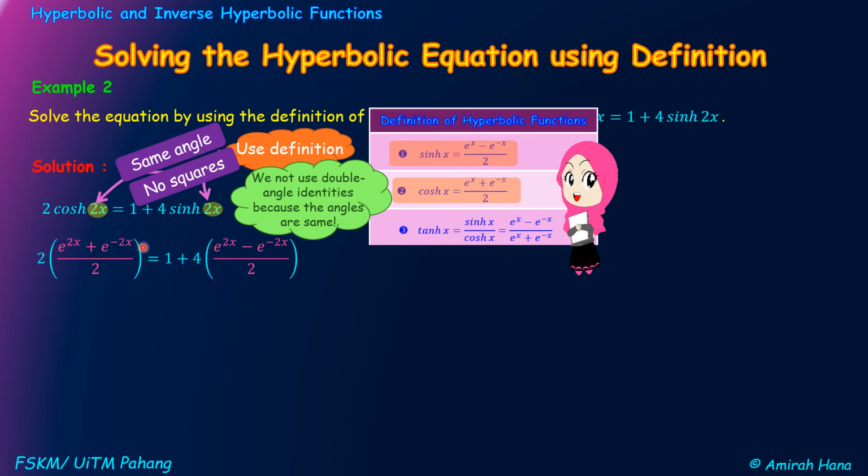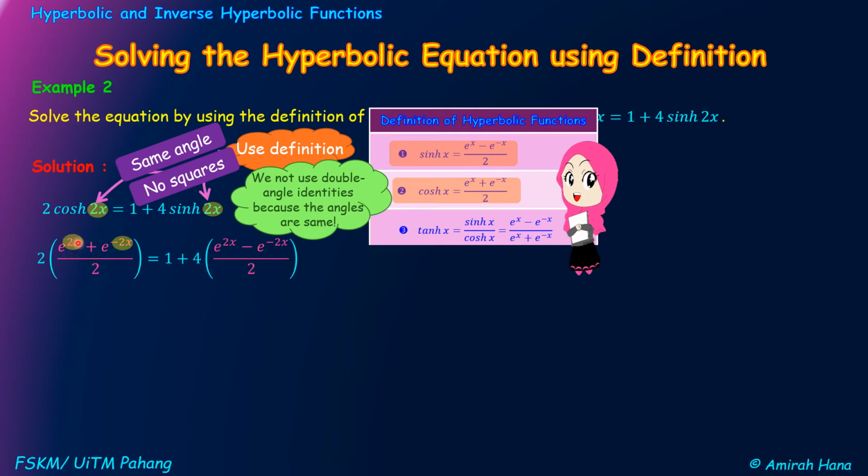And then equals 1 plus 4, and we replace sinh 2x by e to the power of 2x minus e to the power of negative 2x over 2. We still follow 2 here, but we just replace x by 2x because now we have 2x. If we have 3x, we need to replace the exponent by 3x.